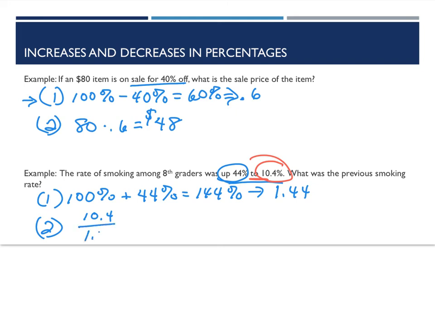But I am going to divide it by 1.44. So 10.4 divided by 1.44 gives me 7.2, sorry, I blanked out for a minute, percent. I don't have to move any decimals or anything. If I leave the 10.4 as a percent, my final answer will automatically already be in a percent.